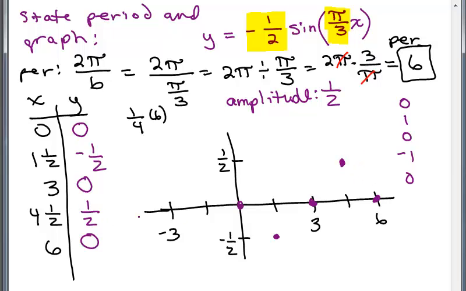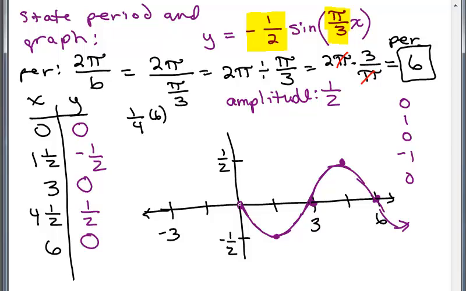So notice this is unusual, but remember the x coordinates could be anything, and in this case we're not labeling pi on here at all. It's really not relevant for this particular problem. One cycle goes in between 0 and 6. So don't assume you're going to always write where 2 pi is or anything like that.